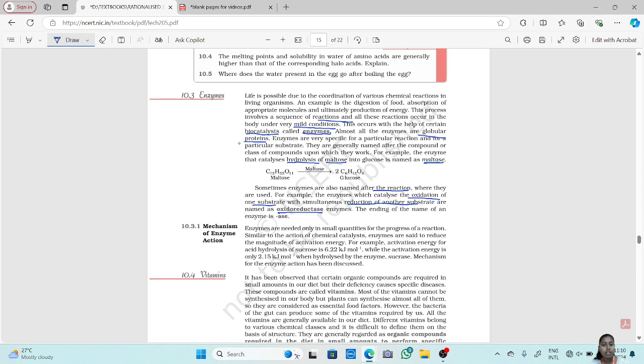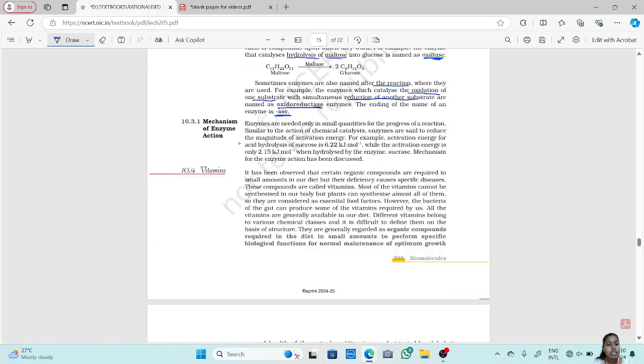Now the name of an enzyme always ends with ASE. So if you want to identify enzymes, their names will always end with ASE. These three letters are always present at the end of the name. For example, oxidoreductase, maltase. There is an ASE at the end of the name.